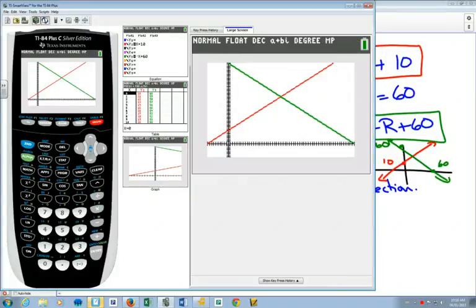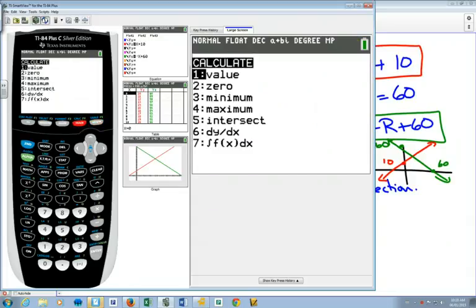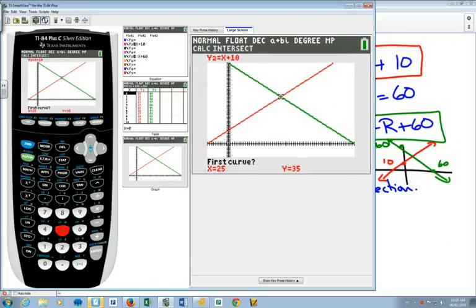And did anyone figure it out guessing and checking? Yeah, Ethan, what did you get? 25 and 35. Does that add up to 60? Yes. Are they 10 apart? Yes. Now we should be able to find it with our intersection. Second, calculate, number 5, intersection, enter, enter, enter.